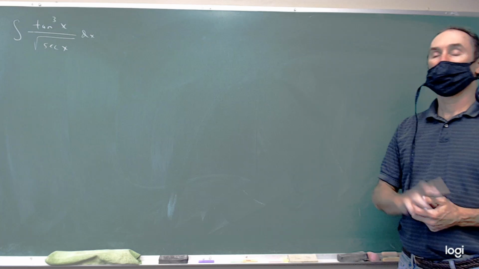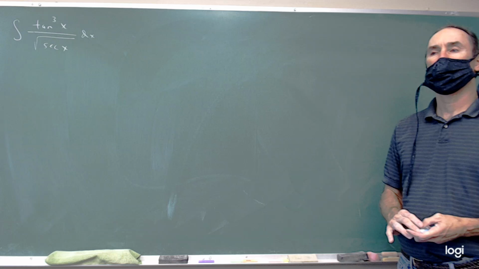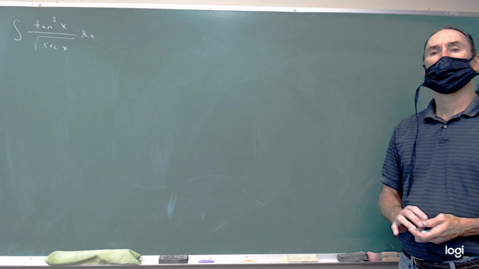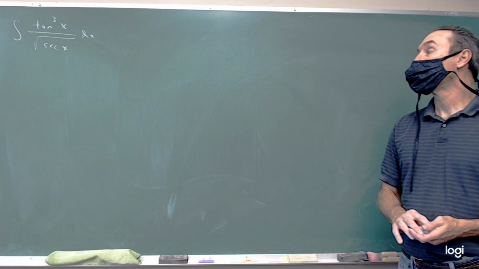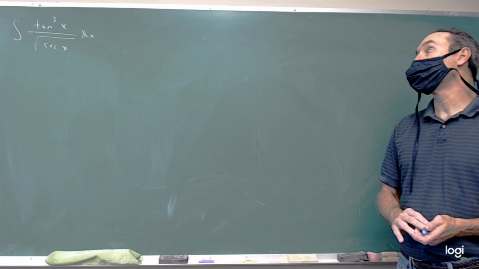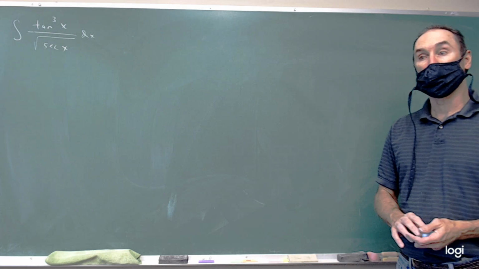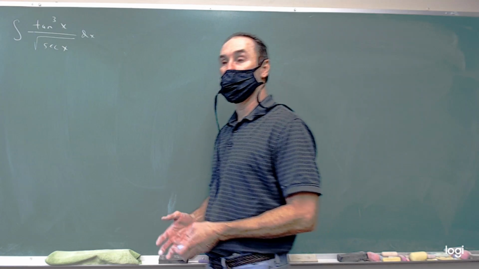So since we have an odd power of tangent, what will our strategy be? What's that? So let's see. Yeah, we're going to end up making secant the u. And so we need a secant and a tangent to save as the du.